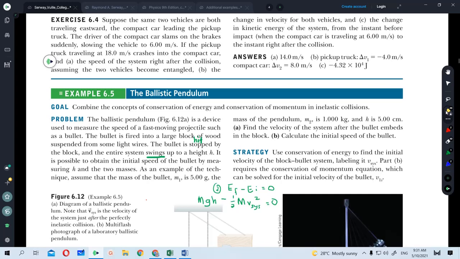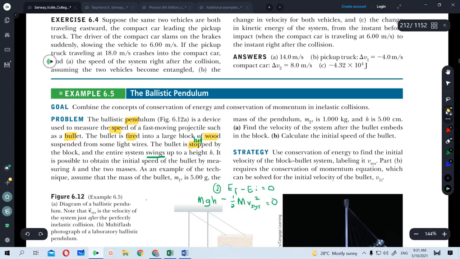So the scenario is that you have this ballistic pendulum as a device used to measure the speed of any moving object. In this case, it's a bullet. This bullet will be fired, and then it will hit the block of wood that is suspended by wires. Now the bullet is stopped.